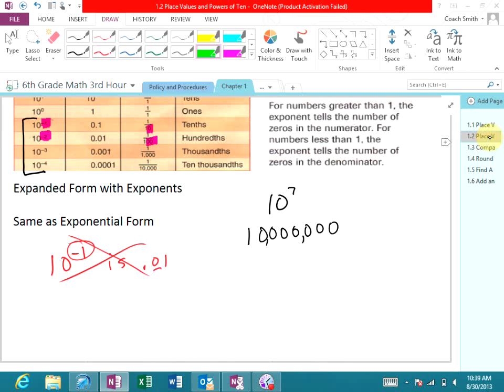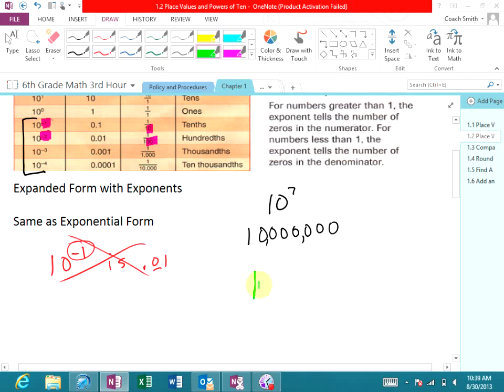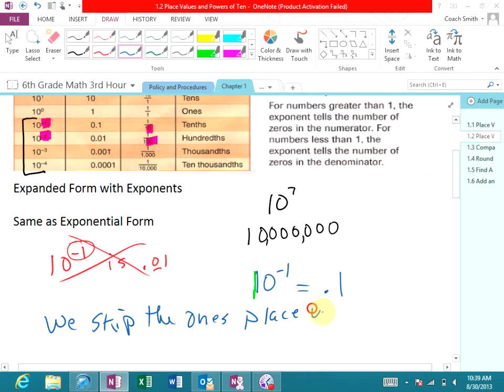Okay? That is why when I say 10 to the negative first power, that is equal to 0.1, is because we skip the ones place value. We skip the ones place value. That is why that is an equal statement.